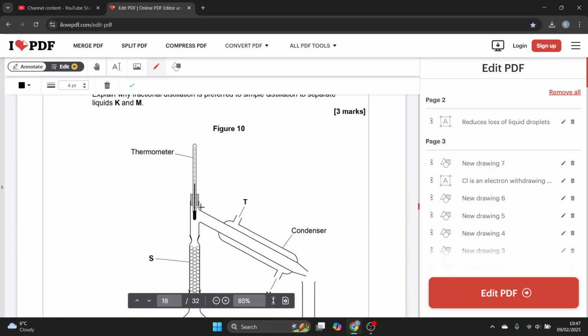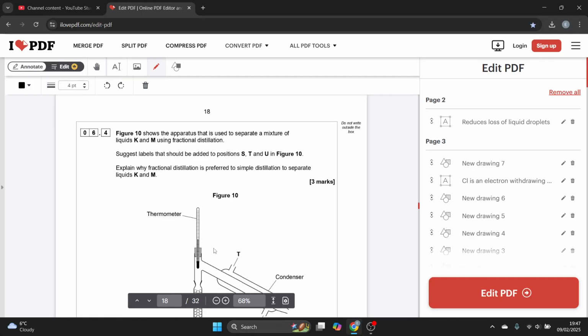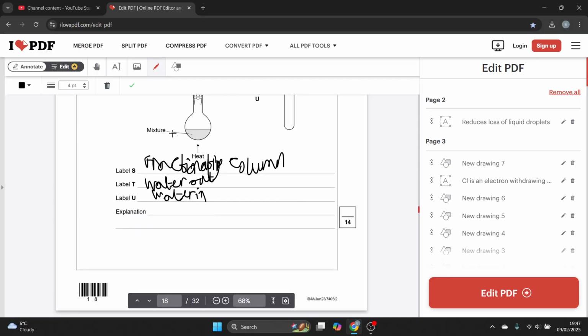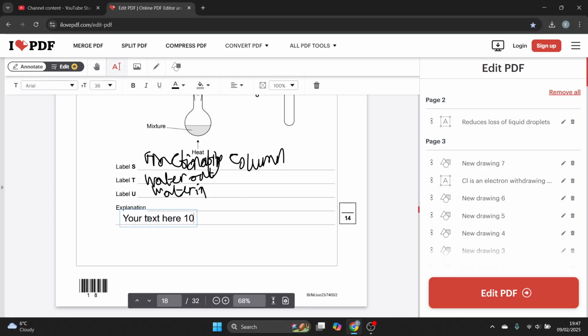Explain why fractional distillation is preferred to simple distillation and suggest labels that should be added to positions S, T, and U. T is going to be water out, U is water in, S is what? Fractionating column. Why is fractional distillation preferred to simple distillation?